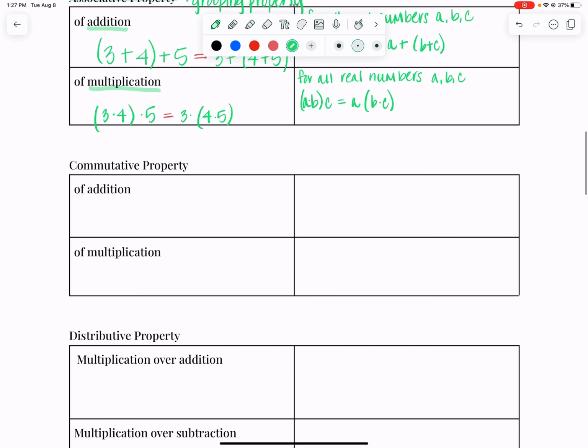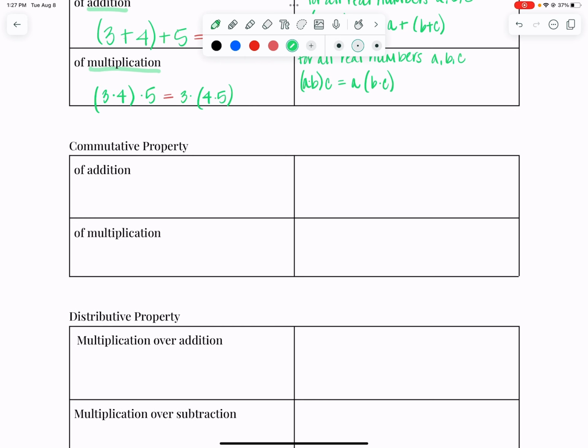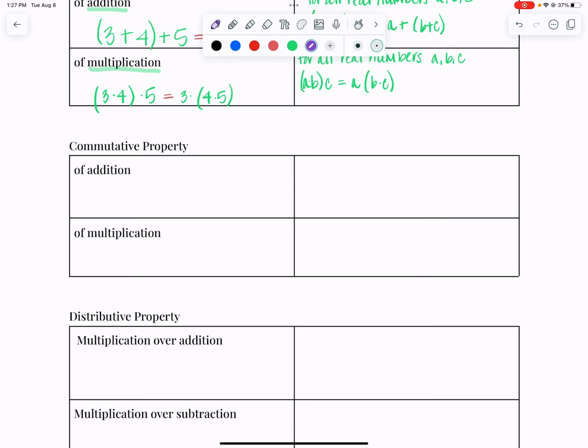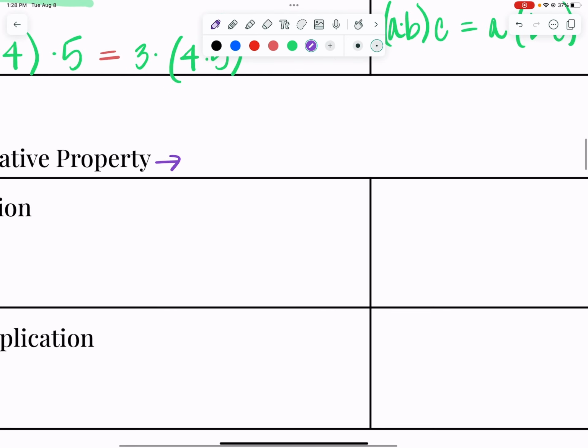So now let's go take a look at the commutative property. In this word commutative, I hear the word commute.